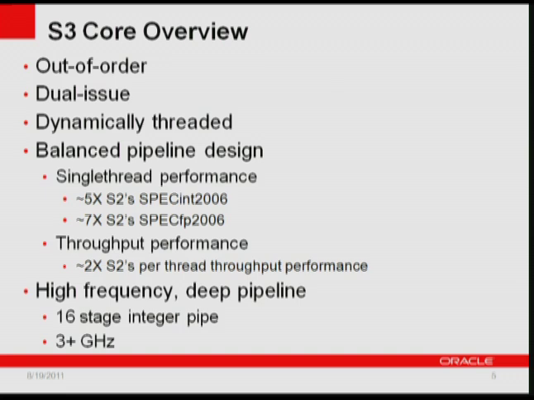At some level, the S3 core is going to be a foundation core for Oracle. It's currently used in the T4 processor, and it's also going to be used for future Oracle server processors. It's a brand new from-scratch design. It's fully out of order, and it's dual issue. S3 is dynamically threaded.